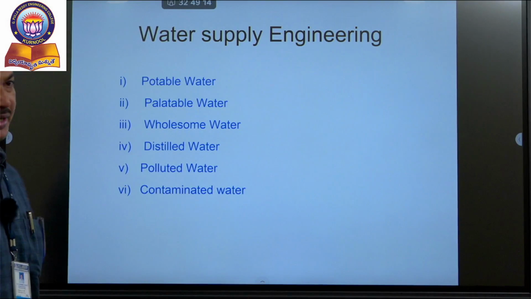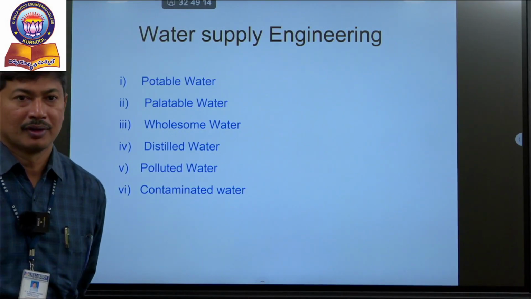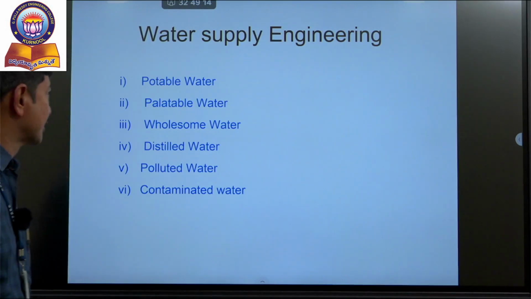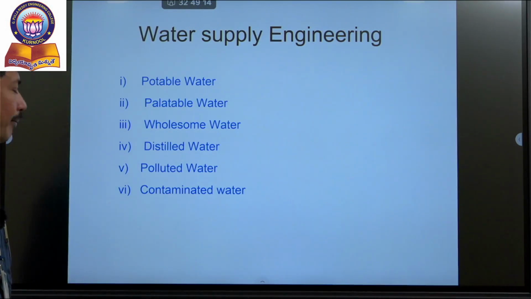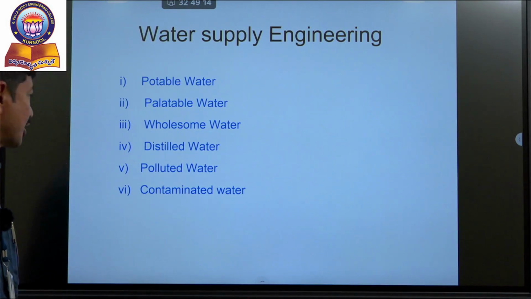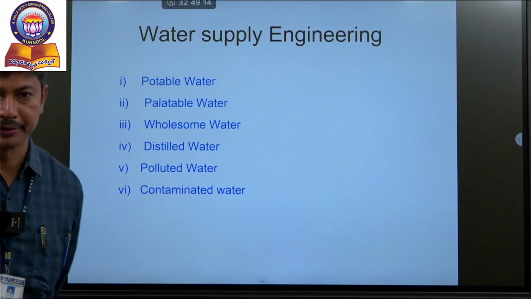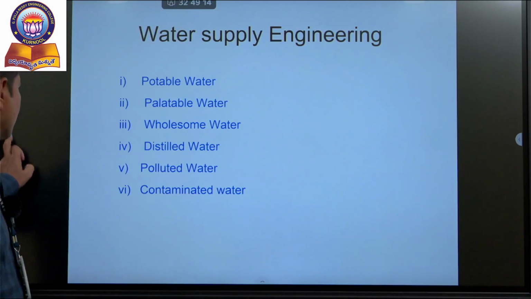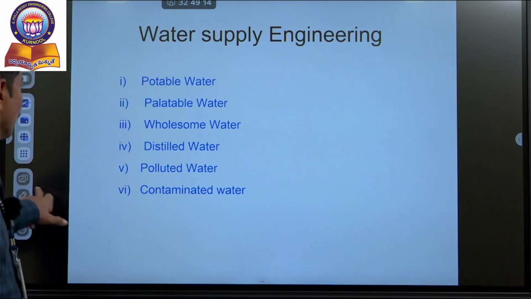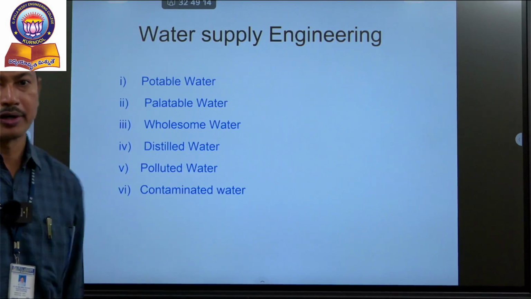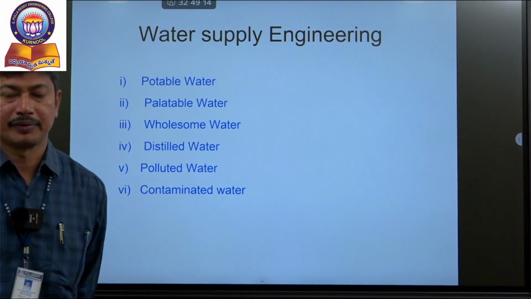In water supply engineering, there are some terms. One is potable water, palatable water, wholesome water, distilled water, polluted water, contaminated water. Potable water means water that is fit for drinking.